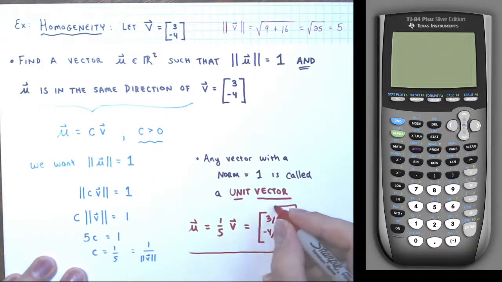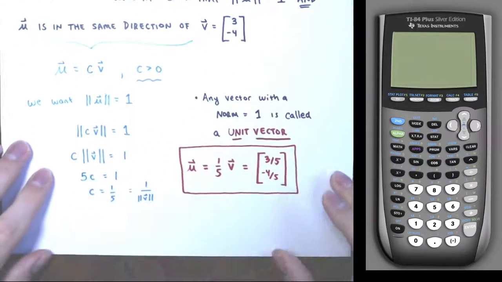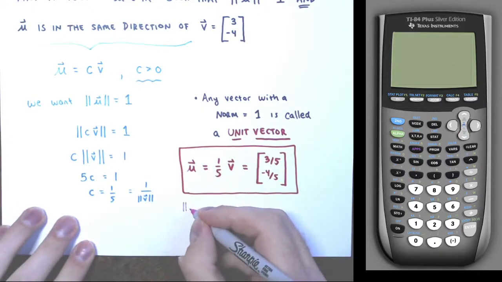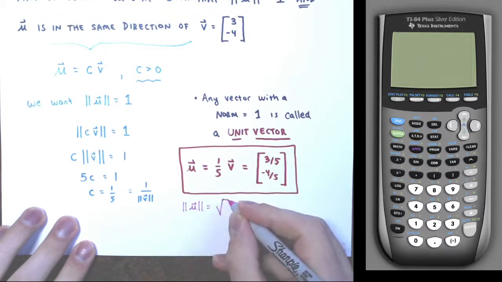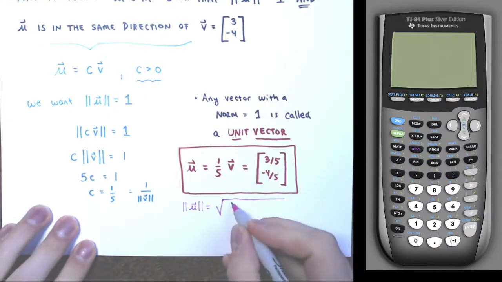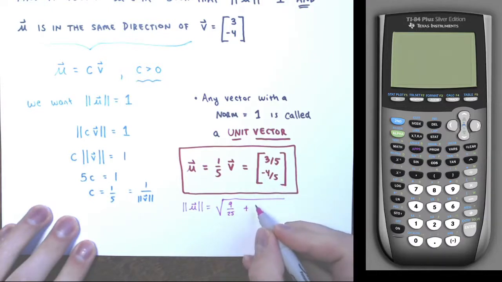Let's see that this actually has a norm of 1. So what's the norm of u? Remember, it's the square root of the sum of the squares of the components. Well, 3/5 squared is 9/25, plus (-4/5) squared, which is 16/25.